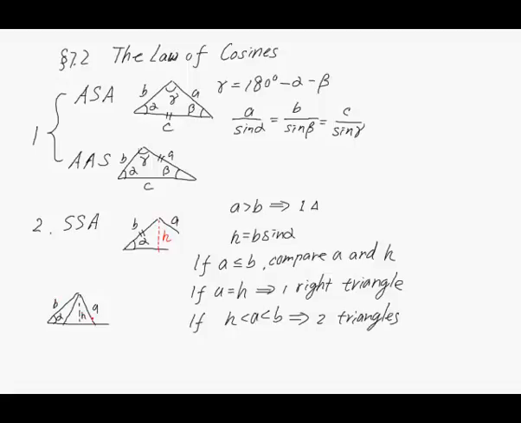If you use this point as the center of a circle, use a as radius, and draw this circle, then the circle crosses this bottom side at these two points. So in this case you can have two triangles, and this is the most difficult case, right? And this is an ambiguous case.